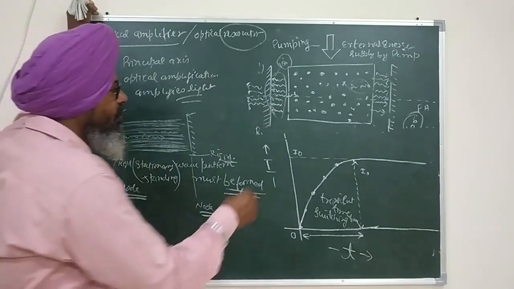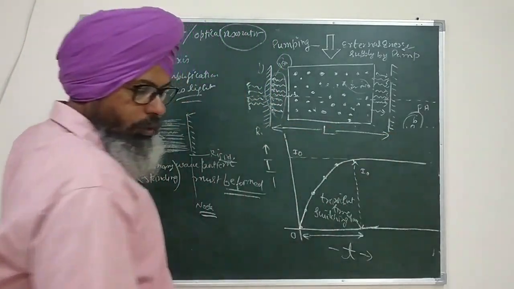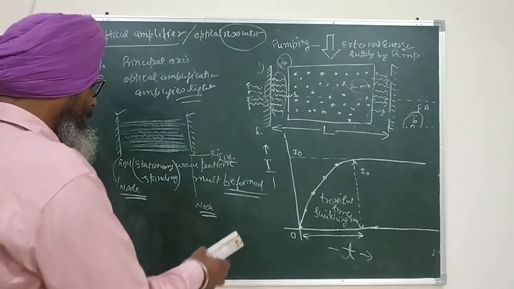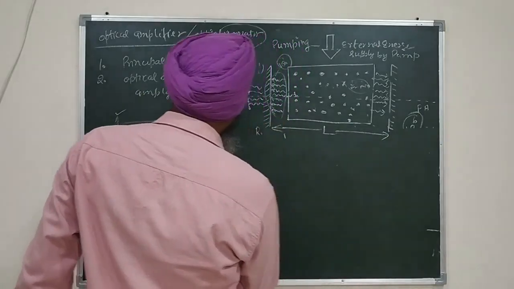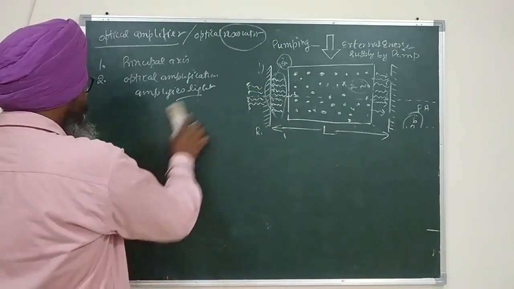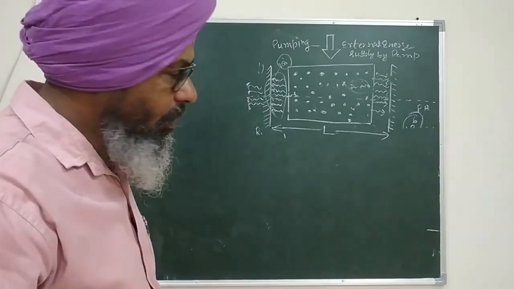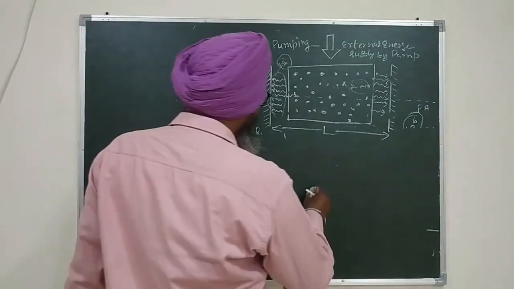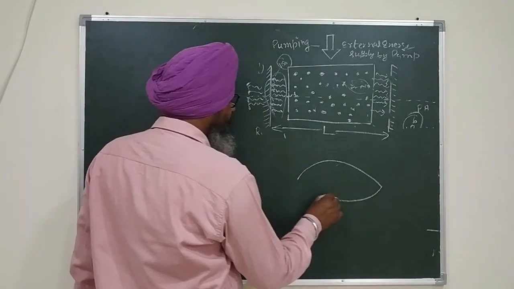Let us say the distance between the two mirrors of the optical resonator is L. If you want to make a standing wave pattern between two rigid points at distance L, then the smallest pattern that can be formed is like this.